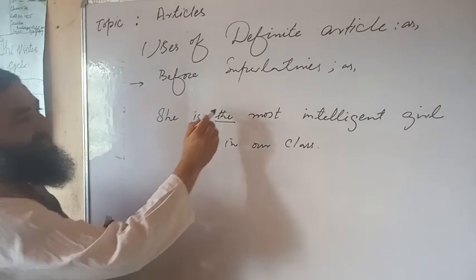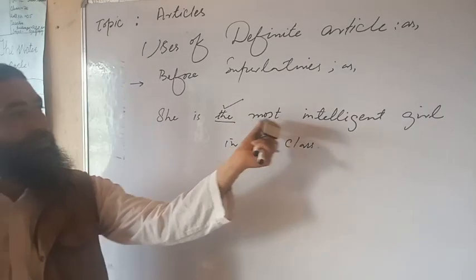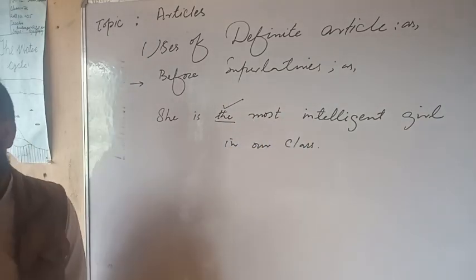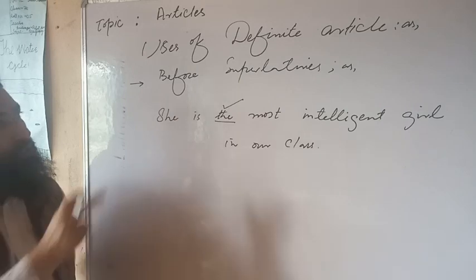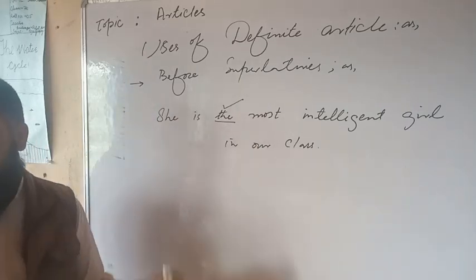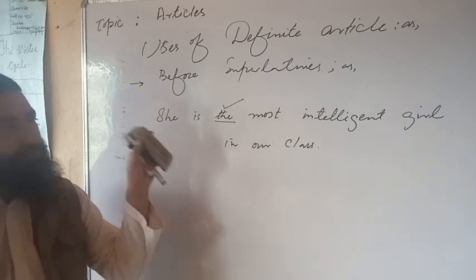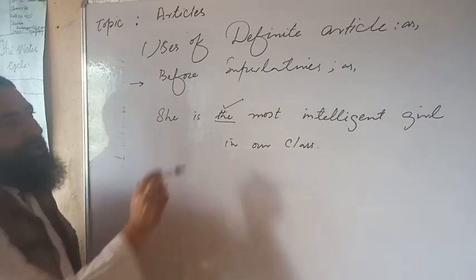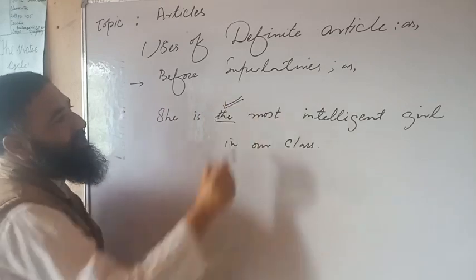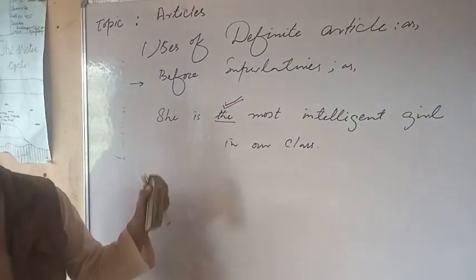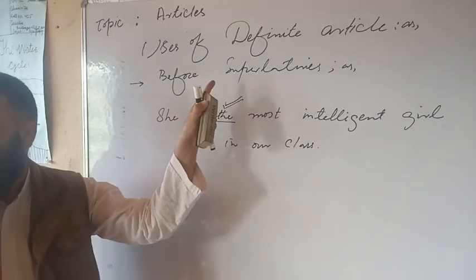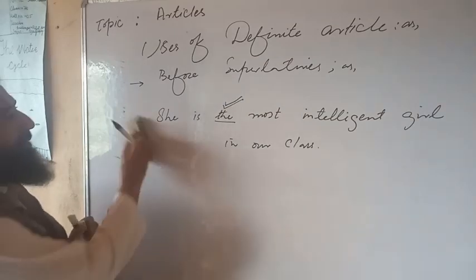She is the most intelligent. Which degree is it? Is it positive, comparative, or superlative? Superlative. The most intelligent girl. So you should use "the" before the superlative degrees of adjectives. Is it clear? We'll move to the other.